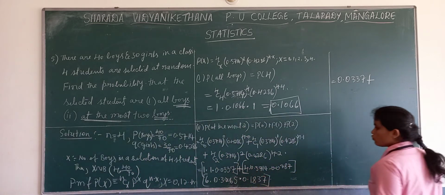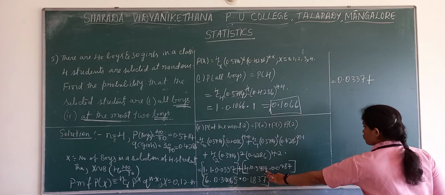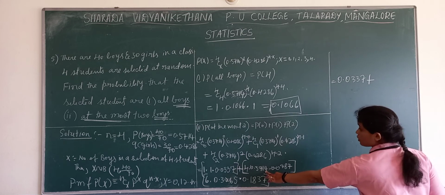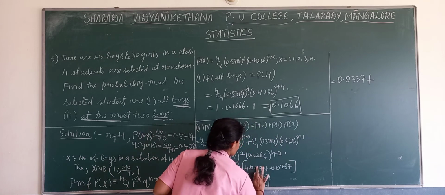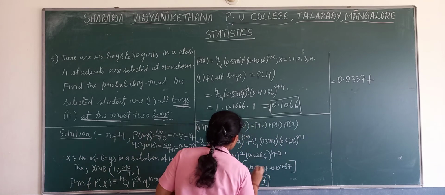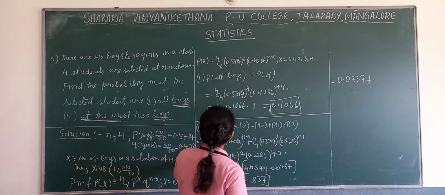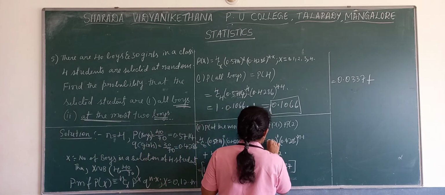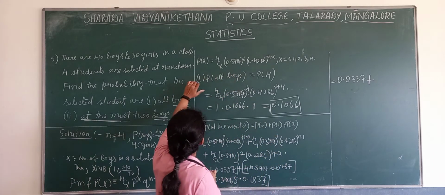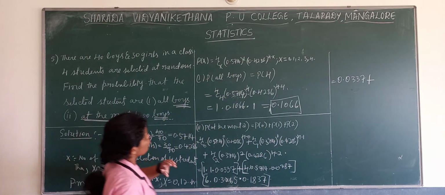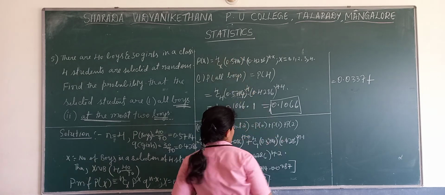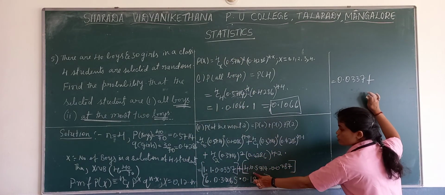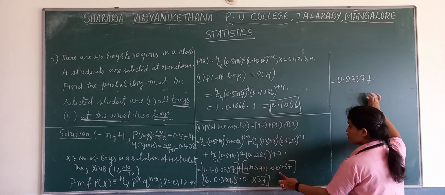Now next, 4 into 0.5714. Sorry, this is not 0.3714, the value of P is 0.5714. Okay.